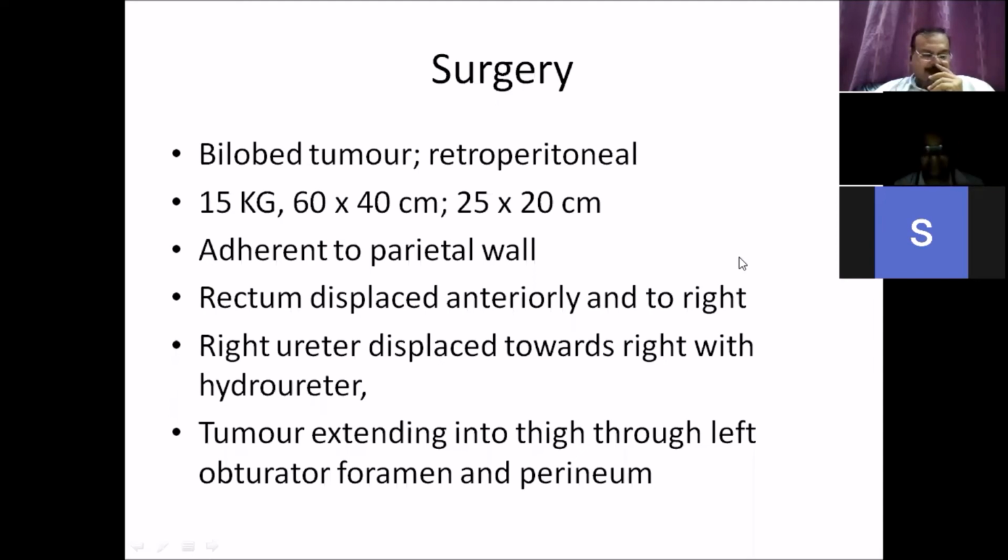Sciatic, obturator, and gluteal hernia through the gluteal musculature. So pelvic hernias are basically classified as 4 types, depending upon through which they herniate. So this has dual herniation from the obturator as well as the perineal hernias.